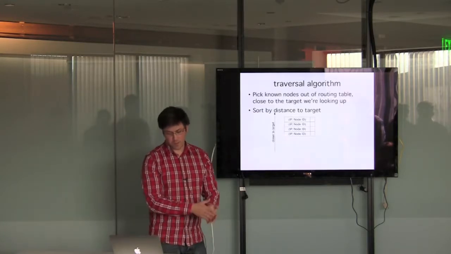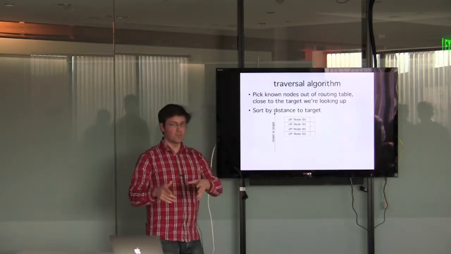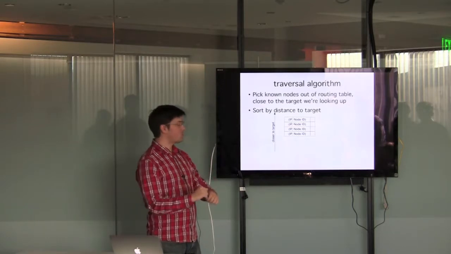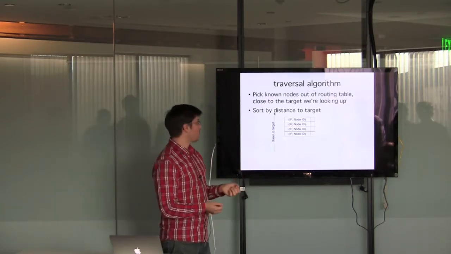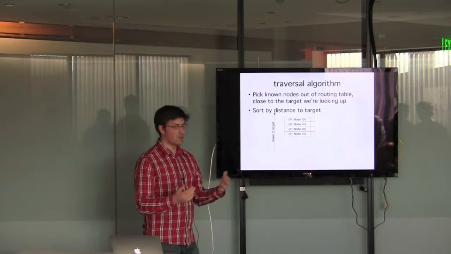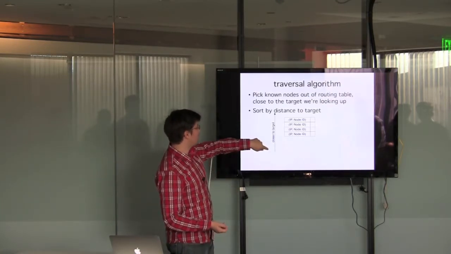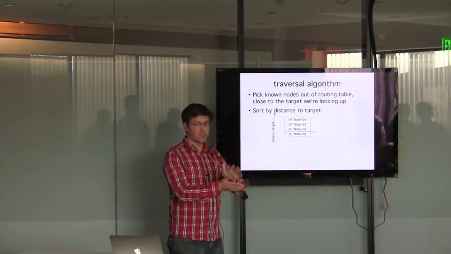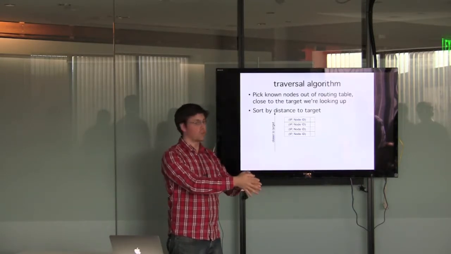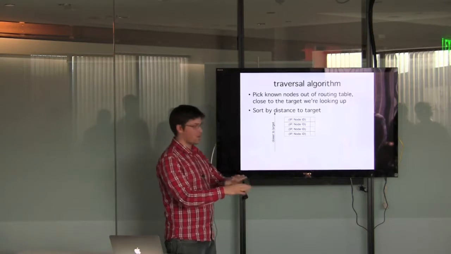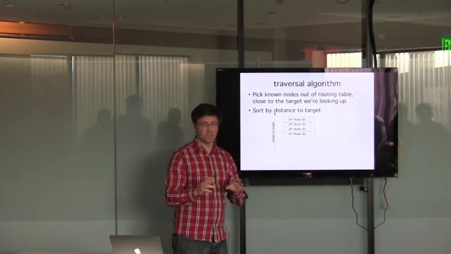So the way you do this is first you pick nodes out of your routing table. You could pick all your nodes out of your routing table if you like. Picking a couple that you're fairly confident will be alive is enough. You sort them by distance to the target. The target is the info hash that you're looking up. And obviously distance now means XOR distance.